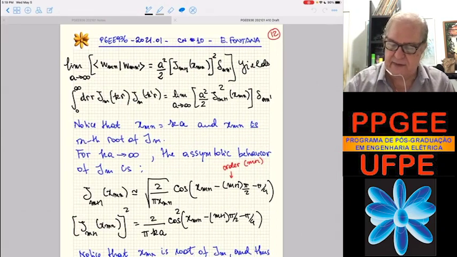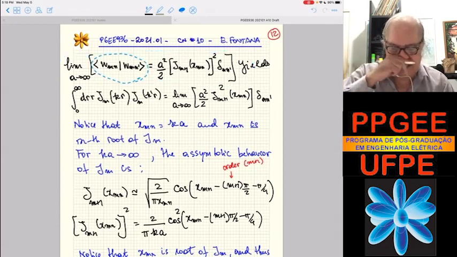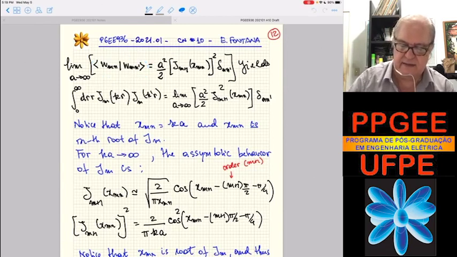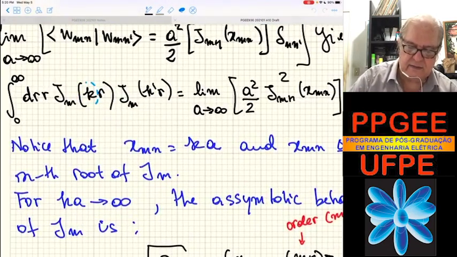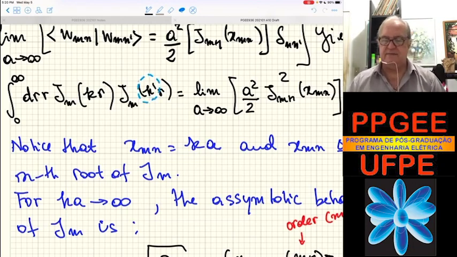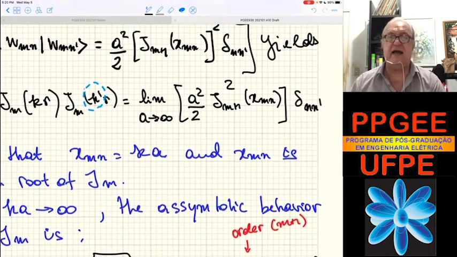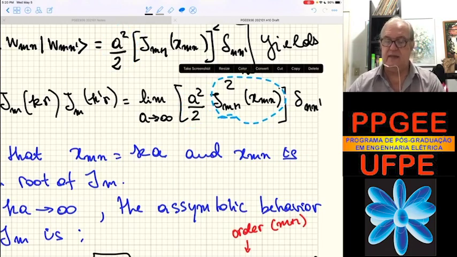So let's see what happens in the limit a very large, the orthogonality conditions. Let's write it again. That's what it is. Now xmn has been replaced by k, xmn prime by a different value, k prime. So on the right hand side we have the limit of the normalization constant, which is a squared over 2 times jm plus 1 squared of xmn.